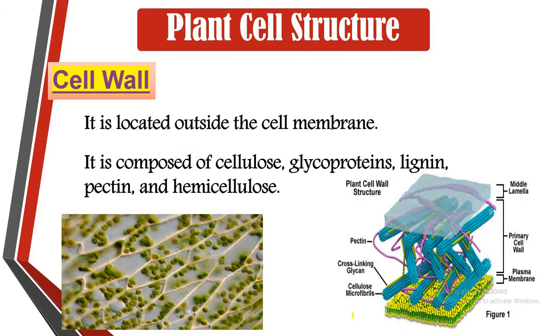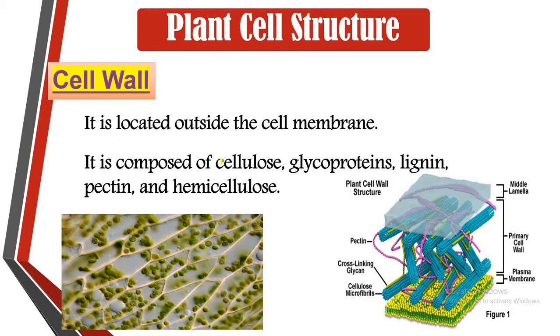Okay, so let's begin with the distinctive character, the cell wall. This is a slide of a plant cell. This is the cell wall. It is located outside the cell membrane.